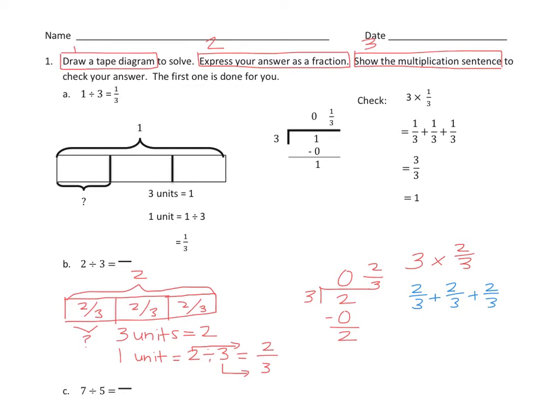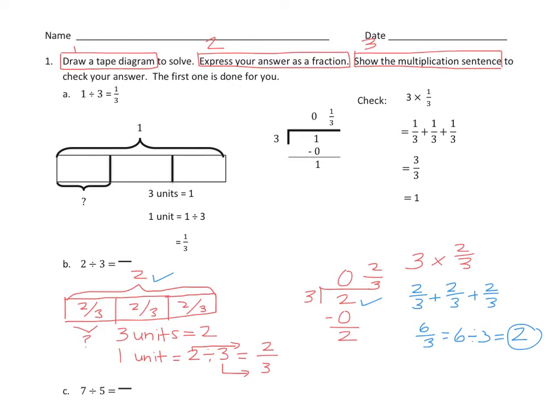If I add those all together, that would give me 6/3. And remember, 6/3 also means, as a division sentence, 6 divided by 3, which would give us 2, which matches the number on top of the tape diagram. So we got the right answer.